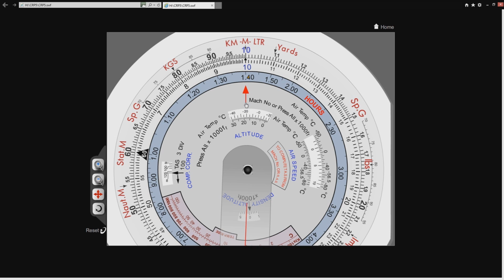You see, the airspeed indicator on an aeroplane is calibrated to only one specific configuration and one specific atmospheric setup, and that is what we call ISA, the International Standard Atmosphere.